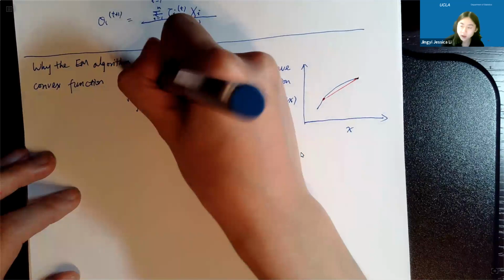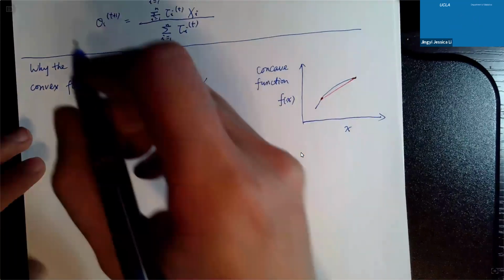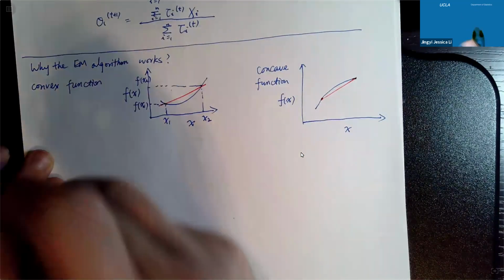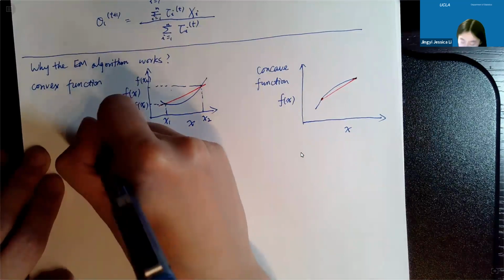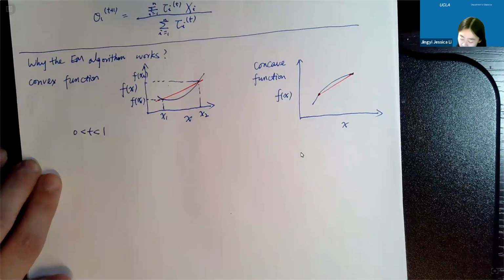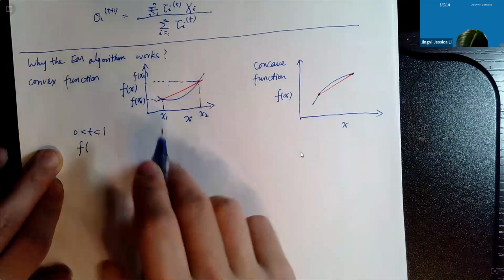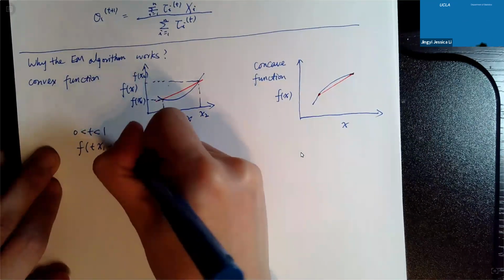What I'm going to compare is, for a number between 0 and 1, let me call that number t. One quantity is t times x1 plus 1 minus t times x2.